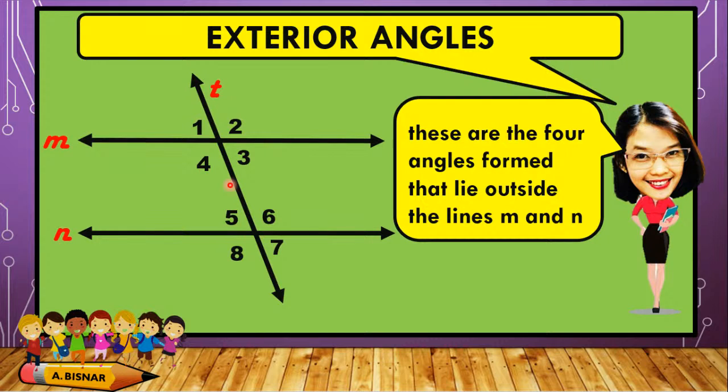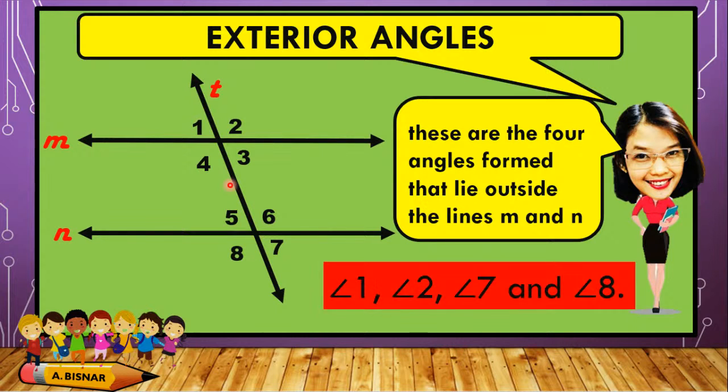A while ago, when we are talking about interior, it lies between. Now, since it's outside, what are those? We have angle 1, angle 2, angle 7, and angle 8. So, you're all correct. Your idea about exterior angles are correct. Tama yung mga sagot ninyo po.